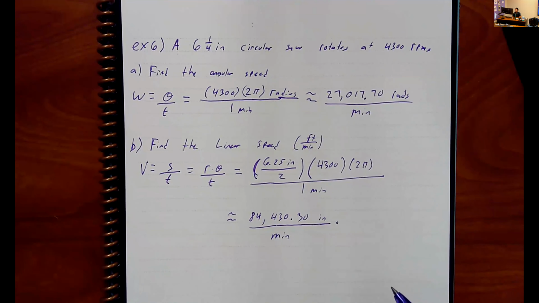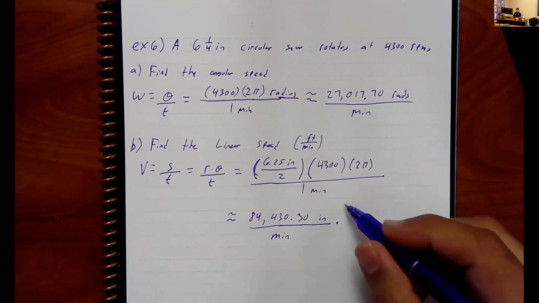How do I change this to feet per minute? Because we got inches, right? What do we do? How many inches are in a foot? 12 inches equals 1 foot. Yeah, so multiply by 12. Yeah, pretty much.